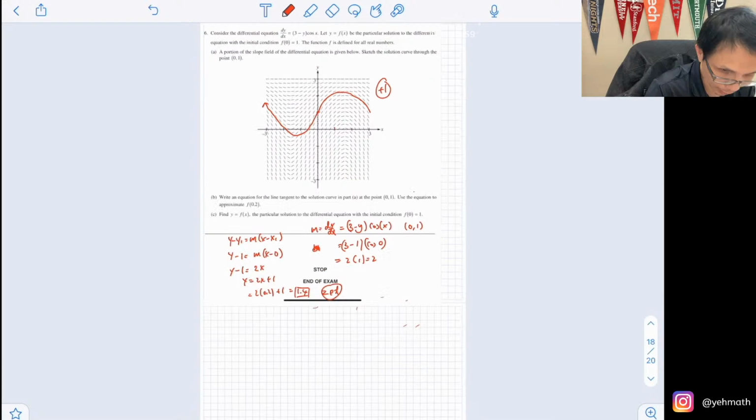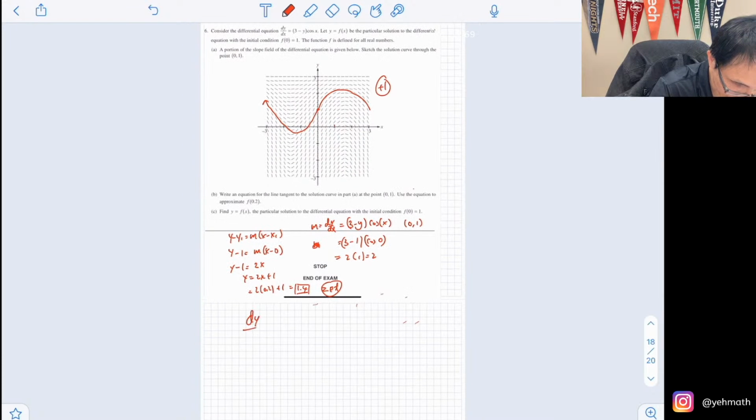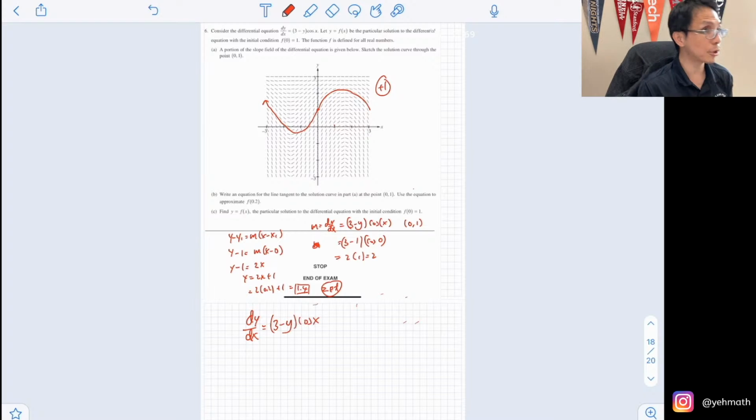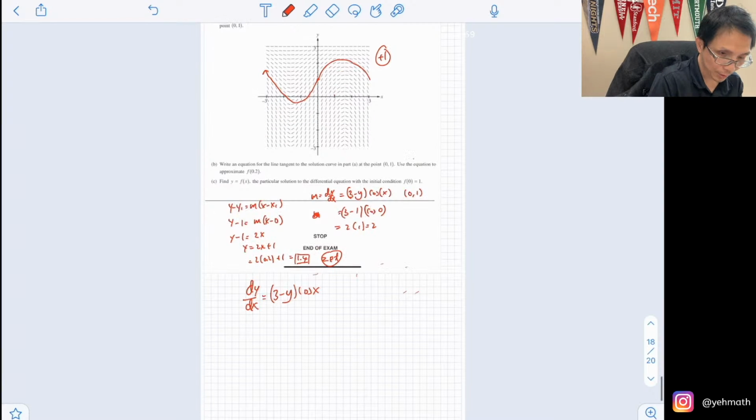Hopefully, if you got this, you got dy/dx is equal to 3 minus y times cosine of x. Now the first job is always to multiply that dx to the other side. So it's dy over 3 minus y, and make sure you don't distribute, because when you distribute, you get into a different type of problem. So that becomes dx.